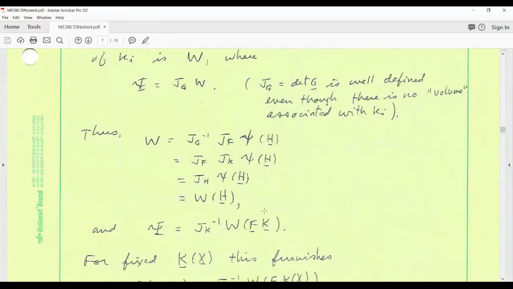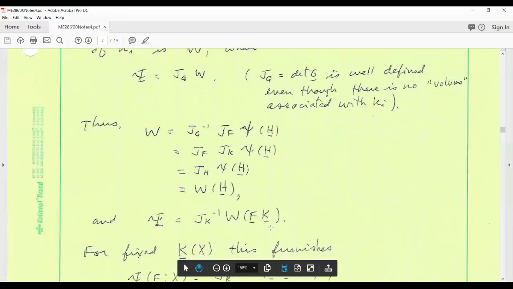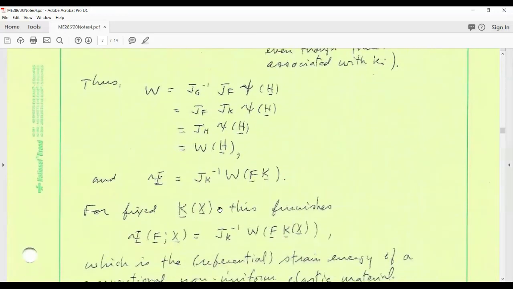So then, to get the referential energy density, we do this to our W. J sub G is the reciprocal of J_K. So this now, by writing H as FK, we have psi is a function of F and K, because this is det K, 1 over. This can be written as a function of F and K, right?